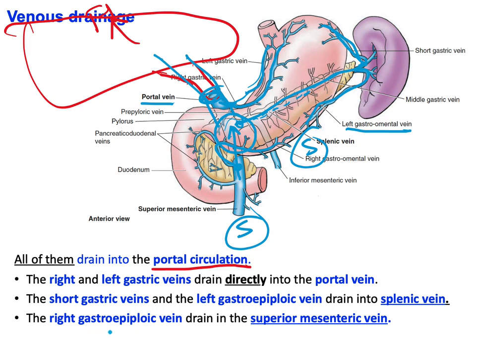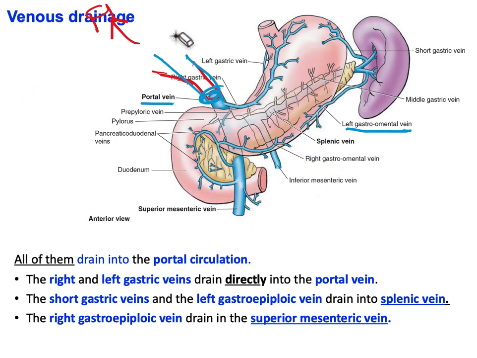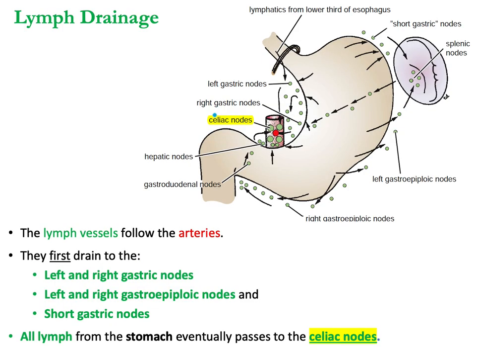So always remember that S with S, that means the splenic vein unites with the superior mesenteric vein, not the inferior. The inferior mesenteric vein just drains blood into the splenic vein, right? But who forms the portal vein? The portal vein, let me erase it. So the portal vein here is formed by the union of the splenic vein and the superior mesenteric vein behind the neck of the pancreas. Okay, and that means ultimately to the portal vein.